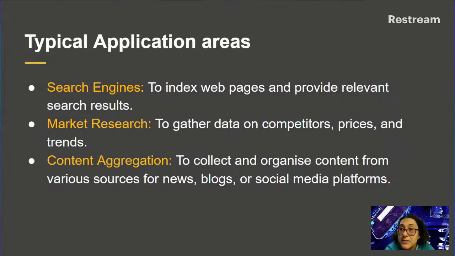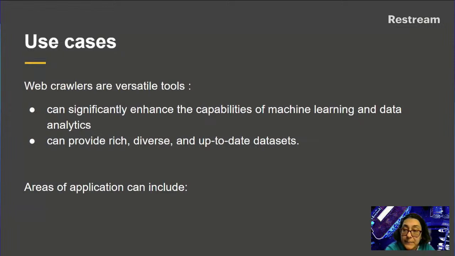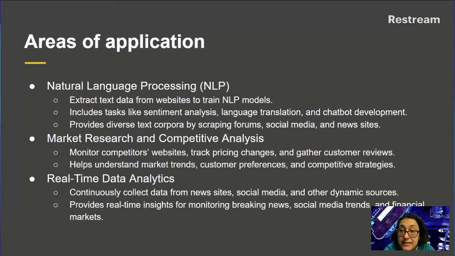So when it comes then to use cases, how and what are the more specific areas of where we could be using crawling? They are a very useful data collection tool when it comes to machine learning and data science. I'm listing here some examples, but this is not an exhaustive list.